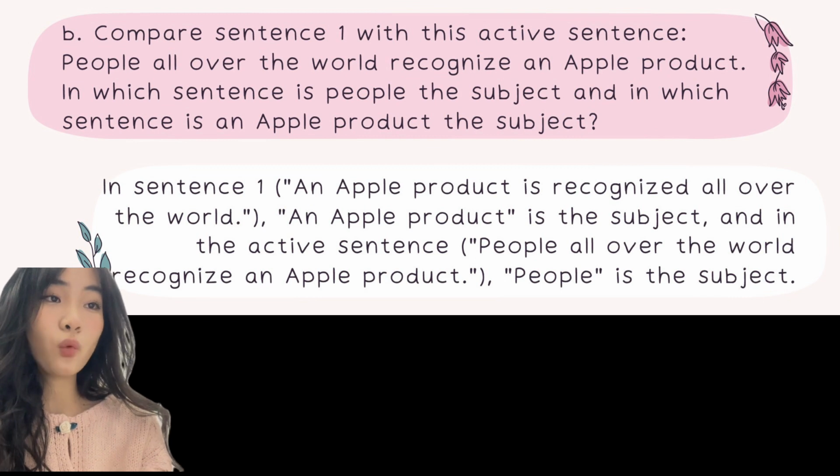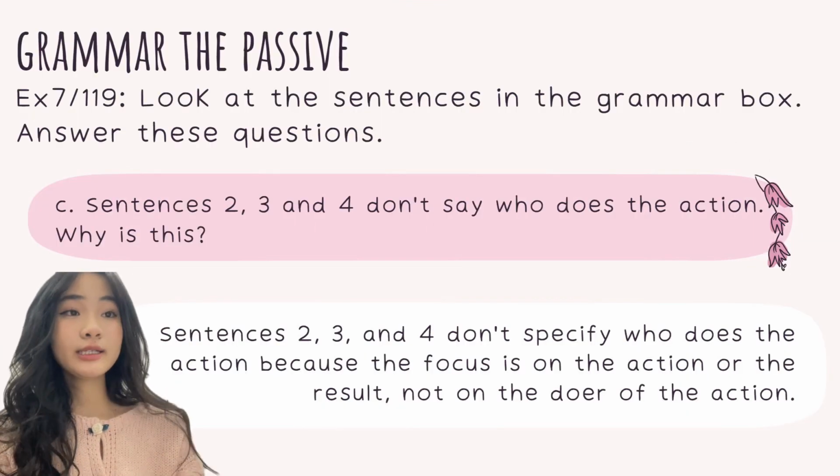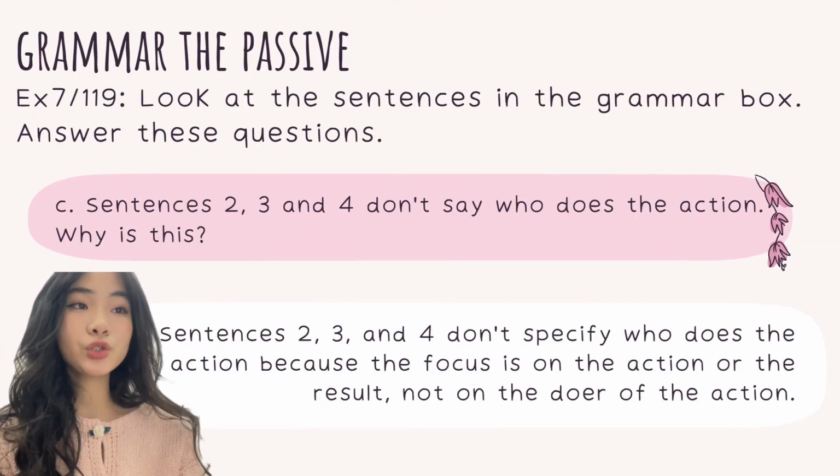In sentence 1, an Apple product is recognized all over the world. An Apple product is the subject. And in the active sentence, people all over the world recognize an Apple product. People is the subject. C. Sentences 2, 3, and 4 don't say who does the action.